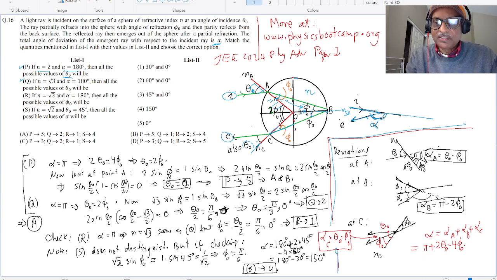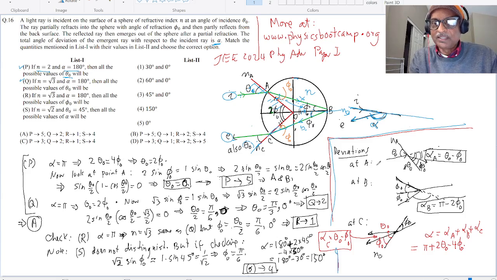If you look at the deviation, how do you get alpha? You can call the incident ray I, this ray X, and this ray Y. How much is the deviation from I to X, from X to Y, and from Y to E?